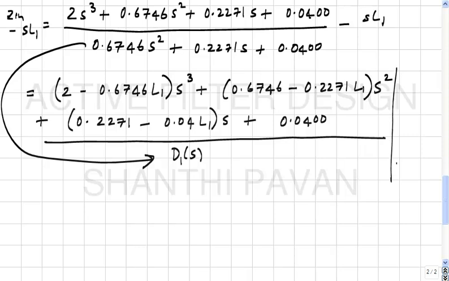So we need to evaluate this at S equal to j omega z and find, what are we trying to find? Find L1 such that when this expression is evaluated at j omega z, this becomes 0. Is this clear? And if this becomes 0, we don't need to worry about the denominator, we just go ahead with the numerator.